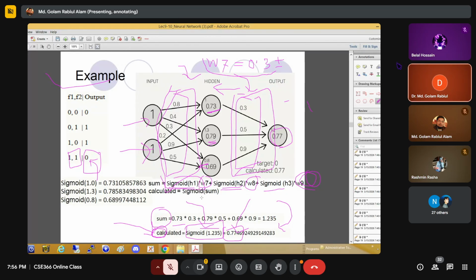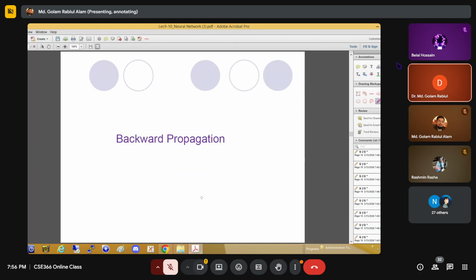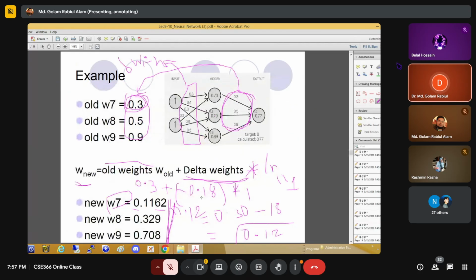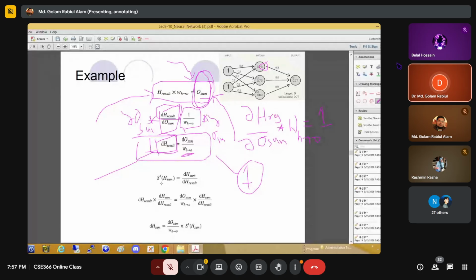Okay, so that's why we want to apply the same thing here. So that means the derivative of the sigmoid of hidden sum will be delta hidden results by delta hidden sum.